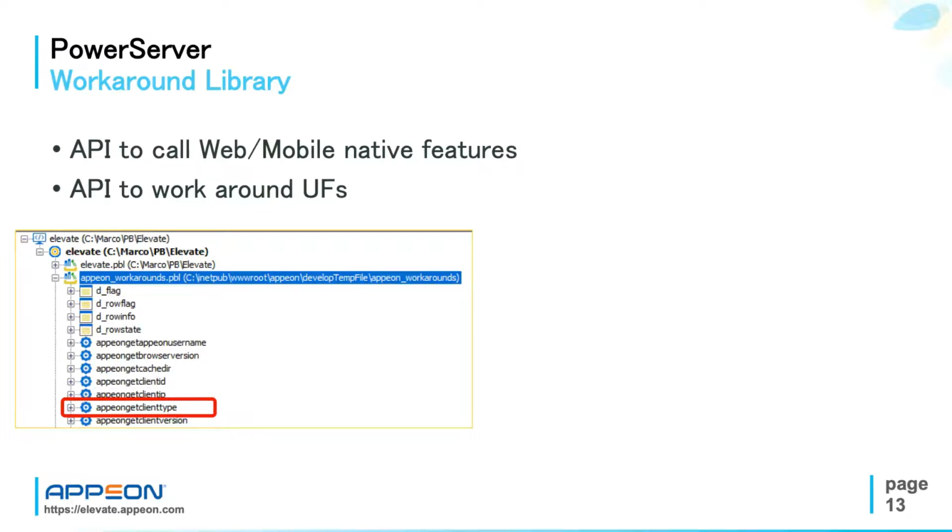So you have runtime functions that, for example, this Appeon get client type tells you at runtime what is the platform where your web app or mobile app is running. And then you can specify different code implementation accordingly.